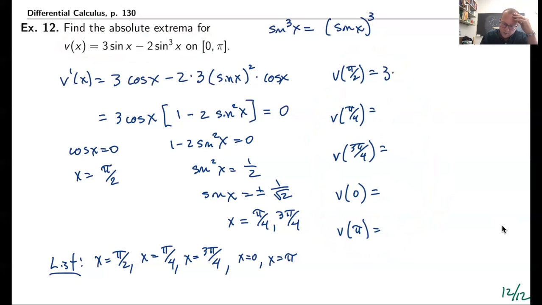All right, so 3 times the sine of pi over 2 is 1, minus 2 times the sine of pi over 2 is still 1. So we'll end up with 3 minus 2 is 1, okay? Then the next one, 3 times 1 over root 2 minus 2 times, when you cube that, you'll have 1 over 2 root 2.